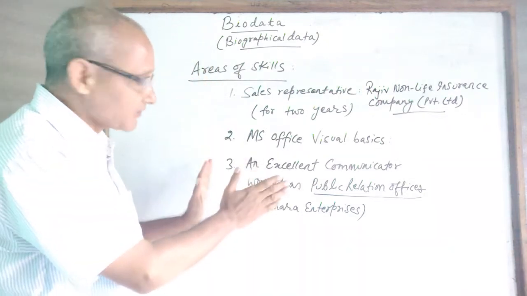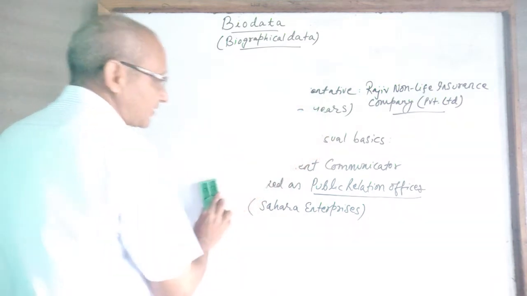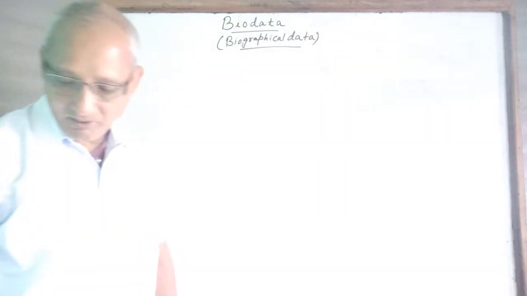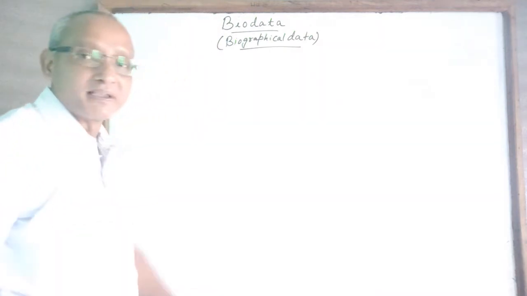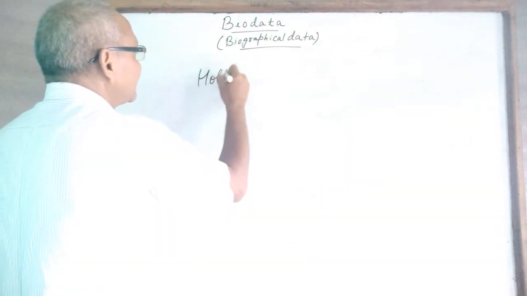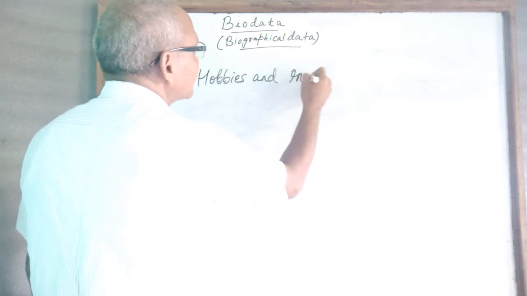So after this, now we come to the final one. It's not mandatory, but we are often advised it's better if you write it. The last one is hobbies and interest.